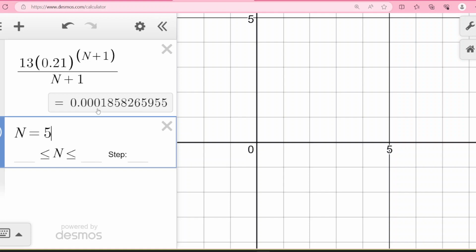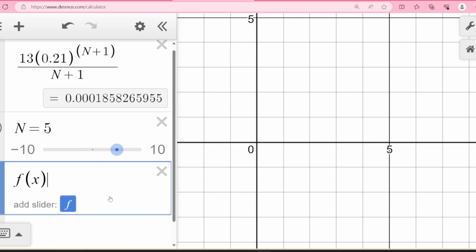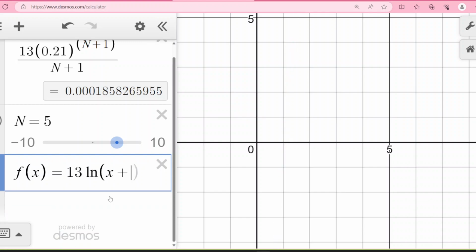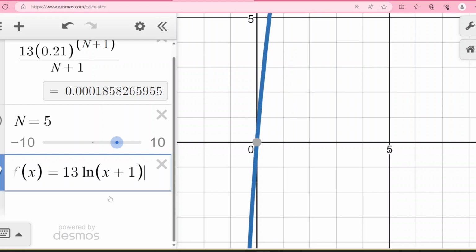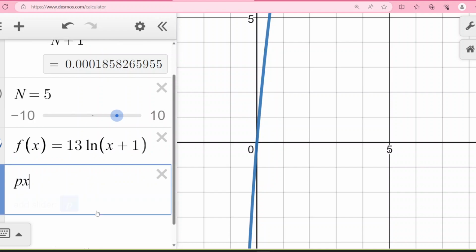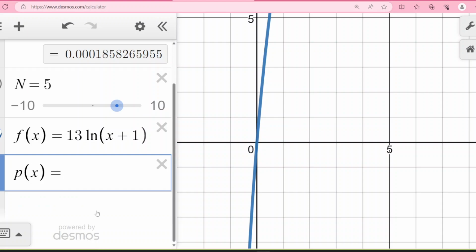And let's actually see that happening. Remember our function was f of x equals 13 times the natural log of x plus 1. Then what I'm going to do is put in the 5th degree Maclaurin polynomial.